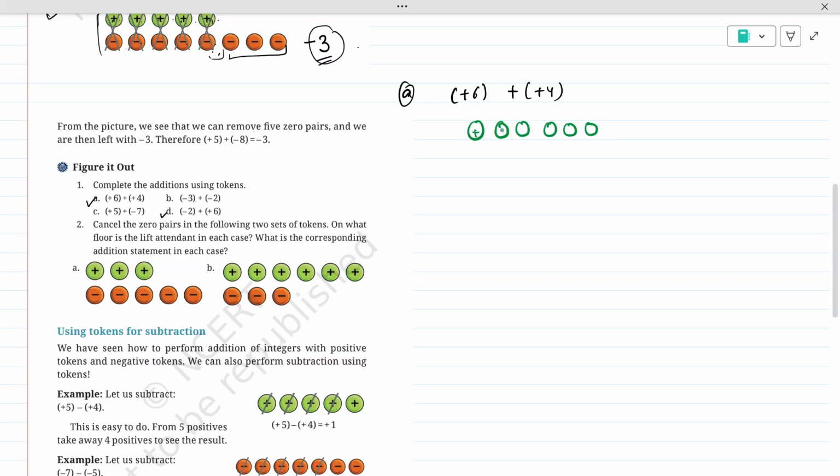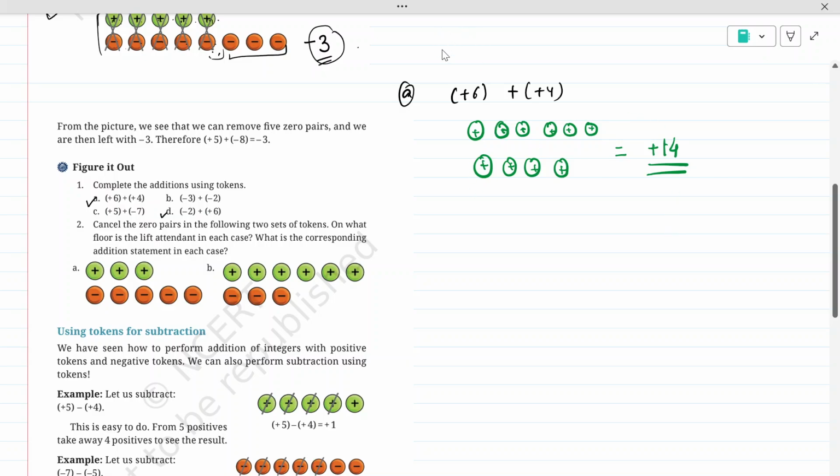Then again we have plus 4 coins, 1, 2, 3, 4. So kids, they do not contain any zero pairs. So straight away we can add them and we will get 14 plus. That is 14 green tokens here. So the answer to this is plus 14.